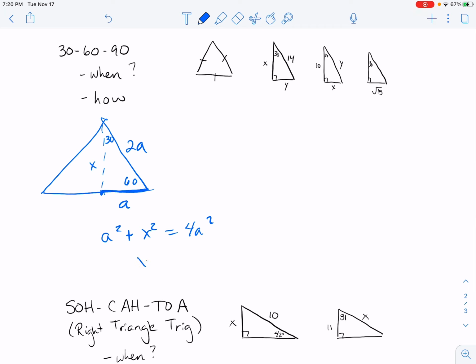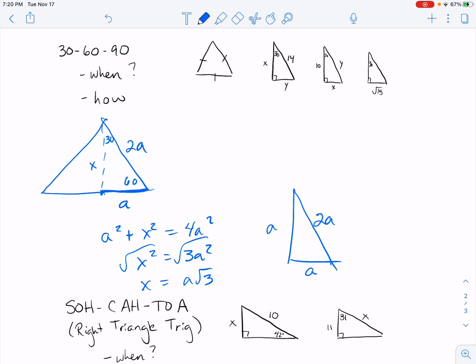Then you subtract an a squared from both sides, and you get 3a squared. Take the square root, and you get x is equal to a root 3. So on a 30, 60, 90, the short side is a, the hypotenuse is 2a, and this is a root 3.